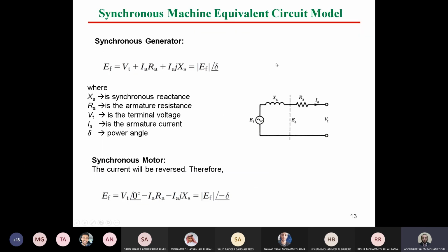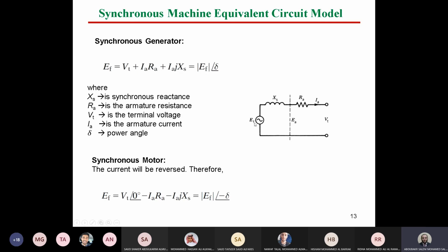Now, regarding the machine, we have field winding and armature winding. The effect of the field winding is just generating the flux, which will interact with the stator, and on the stator winding we will have EMF.